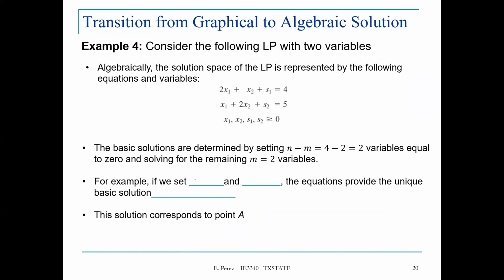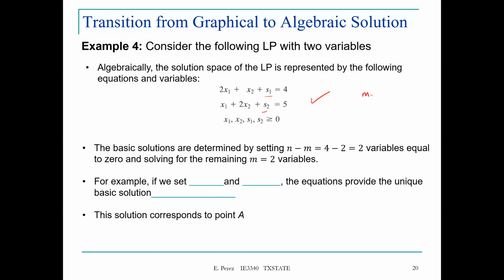Consider the following LP with 2 variables. Algebraically, the solution space of the LP is represented by the following equations and variables. You can see now we have put that problem into standard form. We have added 2 slack variables. The basic solutions are determined by setting n minus m variables equal to 0 and solving the remaining m equals 2 variables.